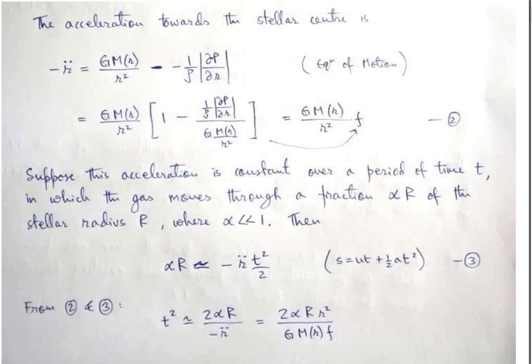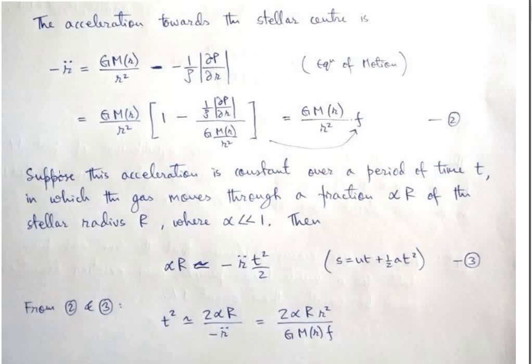Then you remember your rectilinear motion class 11 principle, s is equal to ut plus half at square. If I use that, s is alpha r, and since it starts from rest, u is equal to 0, and we have just half at square, and from here we get a value of t square.